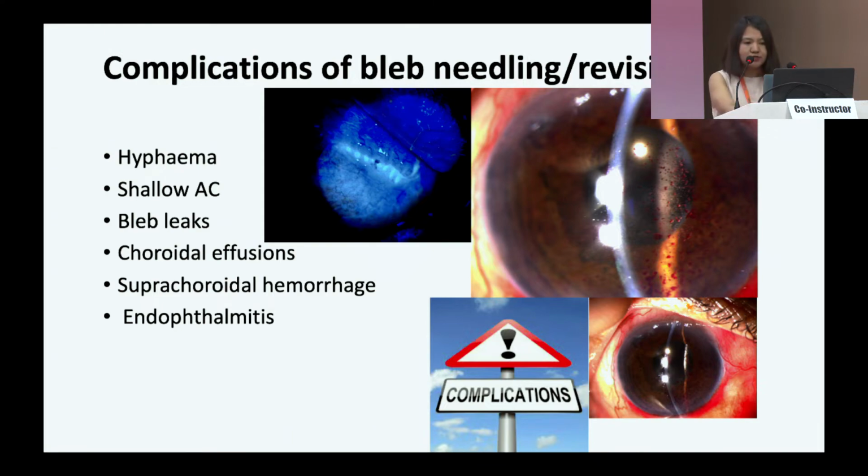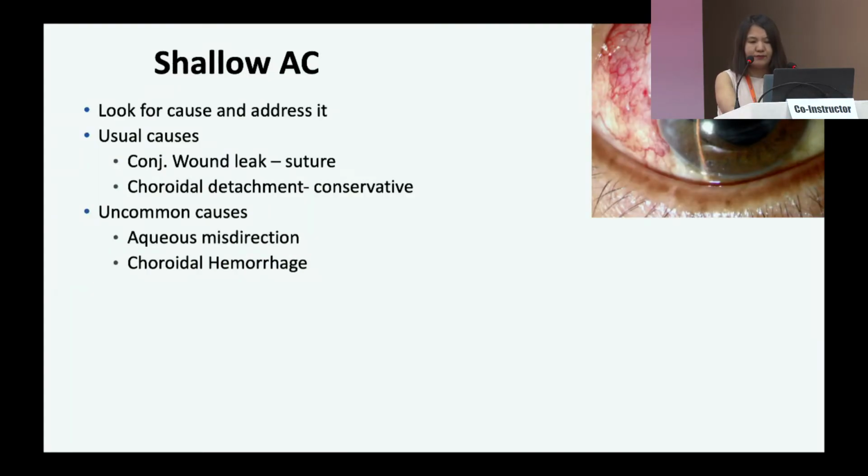I'll just touch upon the few complications of bleb needling and revision. Unlike a trap procedure, hypotony or chronic hypotony is not very commonly encountered. But yes, we do see hyphema, shallow AC, bleb leaks, choroidal effusions, and rarely suprachoroidal hemorrhages and endophthalmitis.